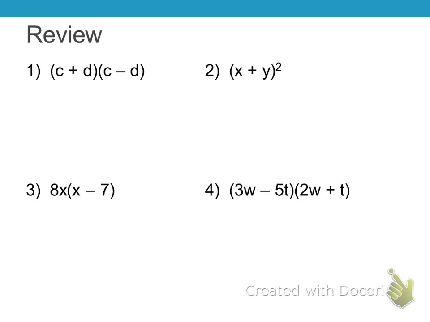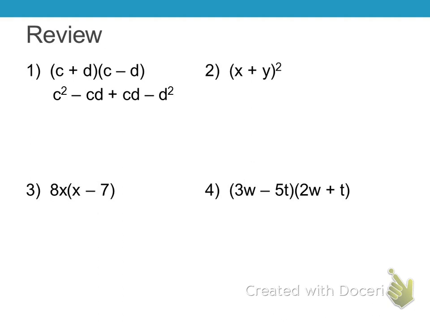All right, quick review. How would you do the first one? You double distribute. So we're going to do C times C, C times negative D, D times C, and D times negative D. And you end up with C squared minus CD plus CD minus D squared.